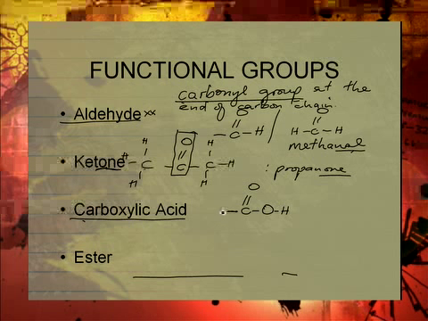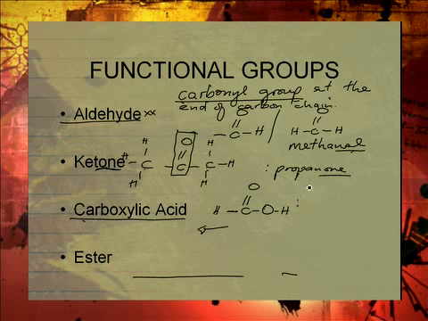Now you can attach here a lot of other things. There could be carbon chains going this way, so you can have CCC this way, or you can immediately have a hydrogen there.